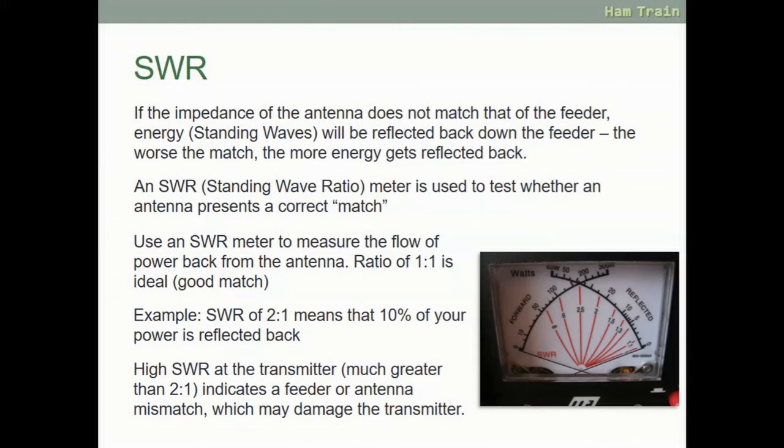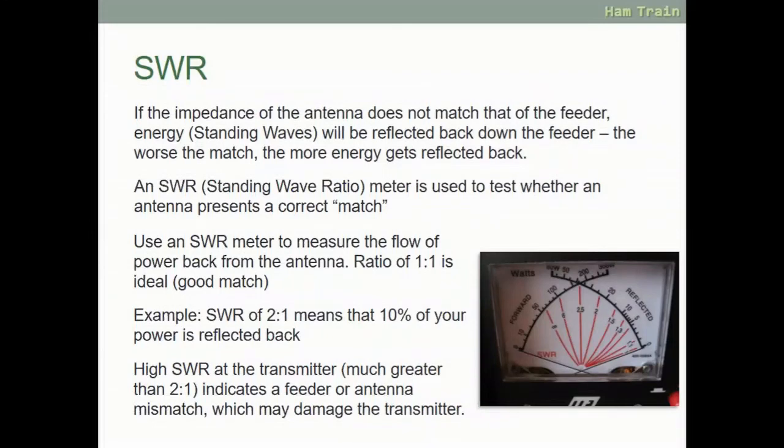A standing wave ratio meter, or SWR meter, is used to test whether an antenna presents a correct match. We use an SWR meter to measure the flow of power back from the antenna, and a ratio of 1:1 is an ideal or good match. So, for example, an SWR of 2:1 means that 10% of your power is being reflected back.